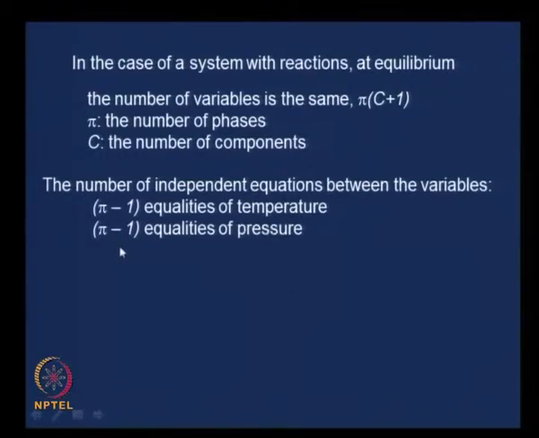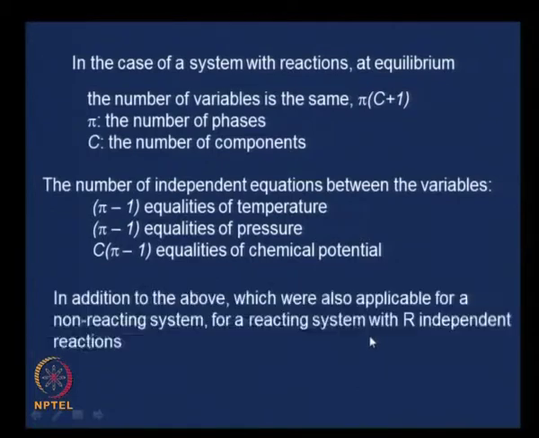In a similar fashion, there were pi minus 1 equalities of pressure, that corresponds to equation 5.2, and pi minus 1 equalities of chemical potential for each component, and we can write one for each component, and therefore the total number of such equalities of chemical potential is c into pi minus 1. So all this remains the same even for a system with reactions at equilibrium.